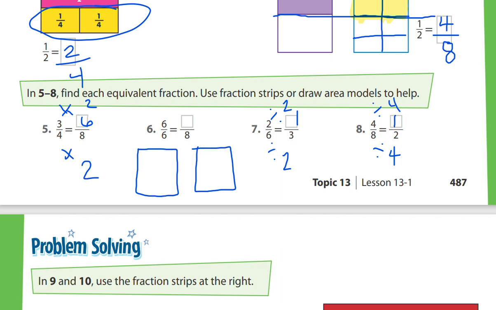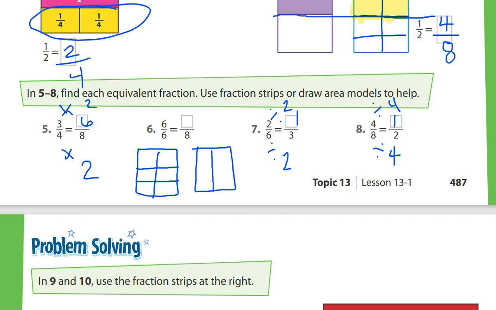My first one, I'm going to do 6/6. Well, if you have been paying really close attention to our math lesson, we know that when our numerator and denominator are the exact same number, then it equals what? 1 whole. So if I have 6/6 that are colored in, and I need to divide this into how many?